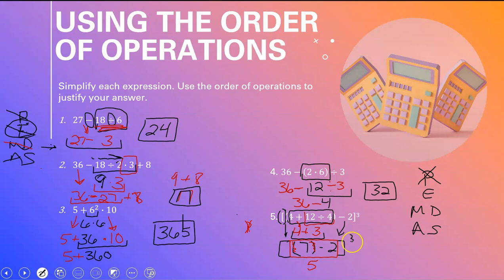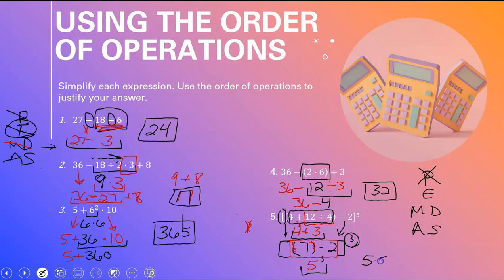Don't forget that cube. Let's go ahead and drop that down so we don't forget. Next step is exponents. Well, that's really all that's left in this one after we've completed everything else. So this says 5 cubed.